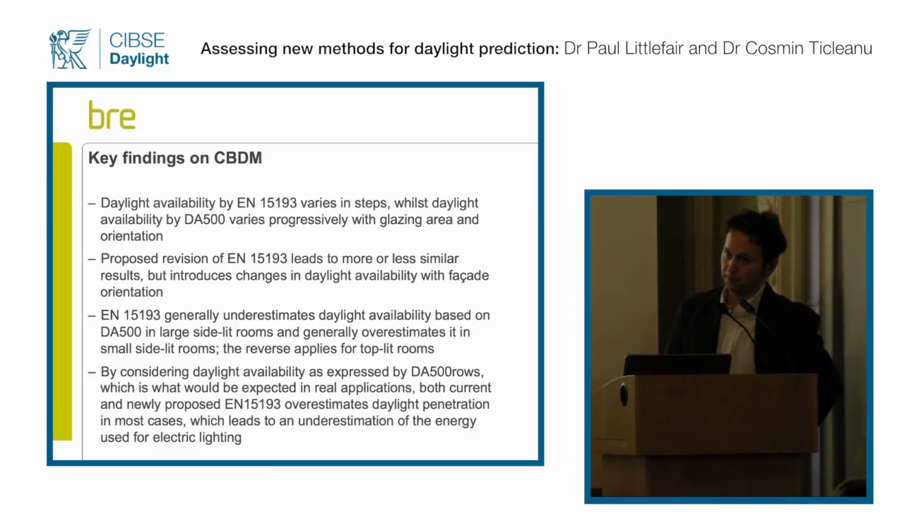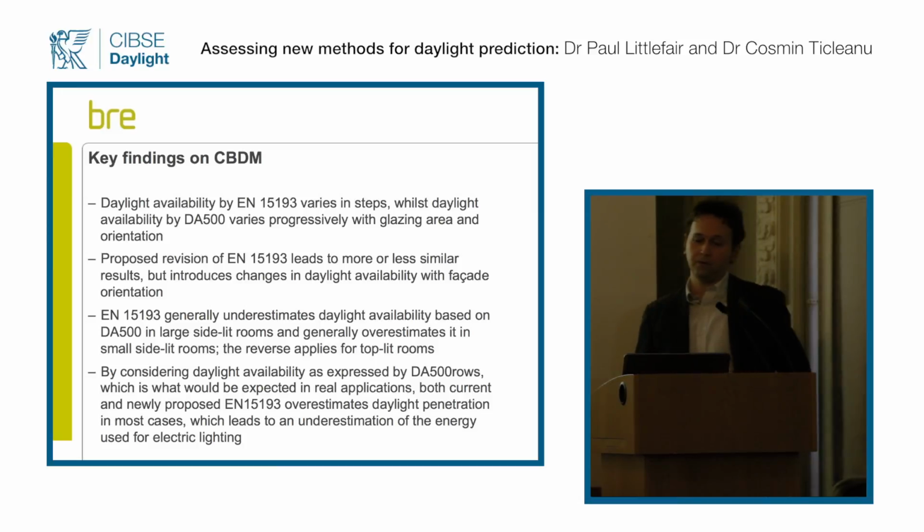So again, something similar to what Lenny showed earlier can also be noticed in this case. However, the proposed version of the European standard produces more or less similar results, but you have this additional thing of taking into account the facade orientation. So you have changes in daylight prediction based on this.